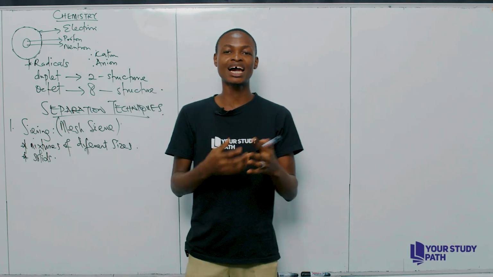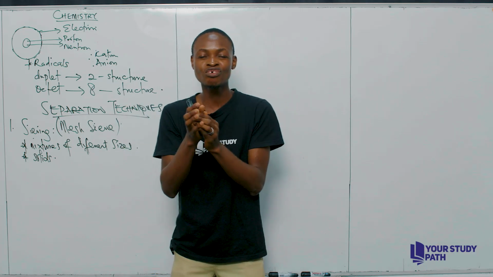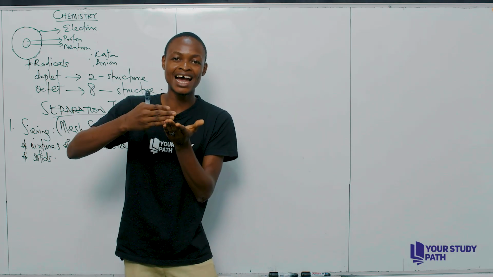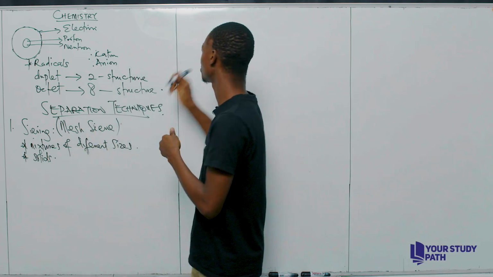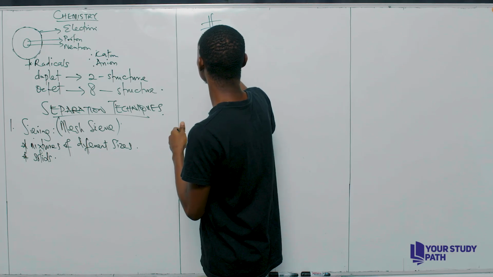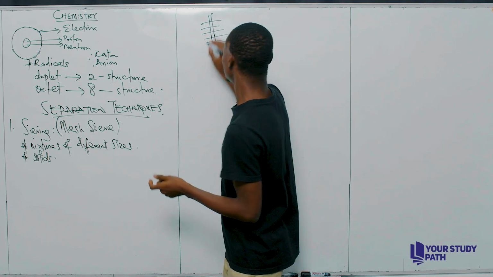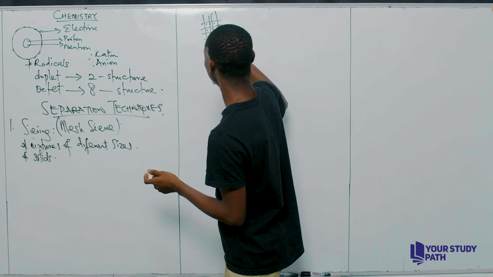And then you can still carry out a sieving technique again using a mesh sieve of a greater hole. So you find out that these sieves have different measurements. Usually they form a pattern like this that looks like a draft pattern, and these holes in between have standard sizes.